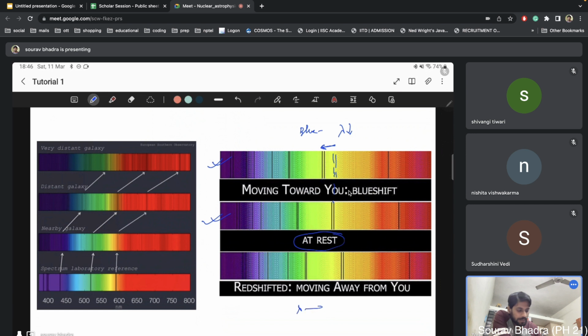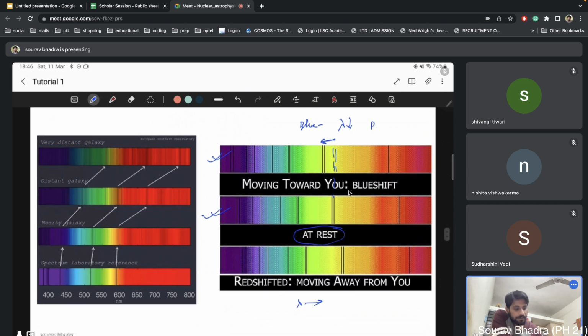This is the increasing wavelength on the x axis, and for the redshift, lambda is increasing. You can see here it should be at this position for the rest case, but the shifting is towards this direction. So lambda is increasing.